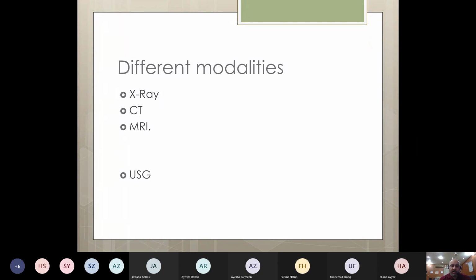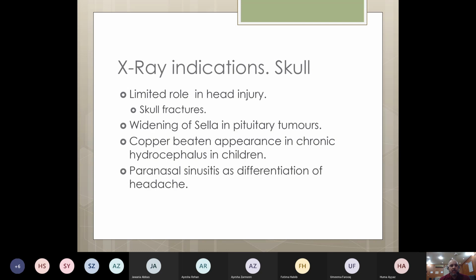From there, you can somehow guess the velocity of blood flowing through the vessels. We are also using intraoperative ultrasound to see if we are hitting the tumor or not.